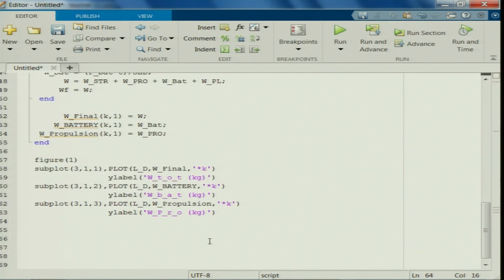Okay, so x label is L upon D. So, let us see if this works.